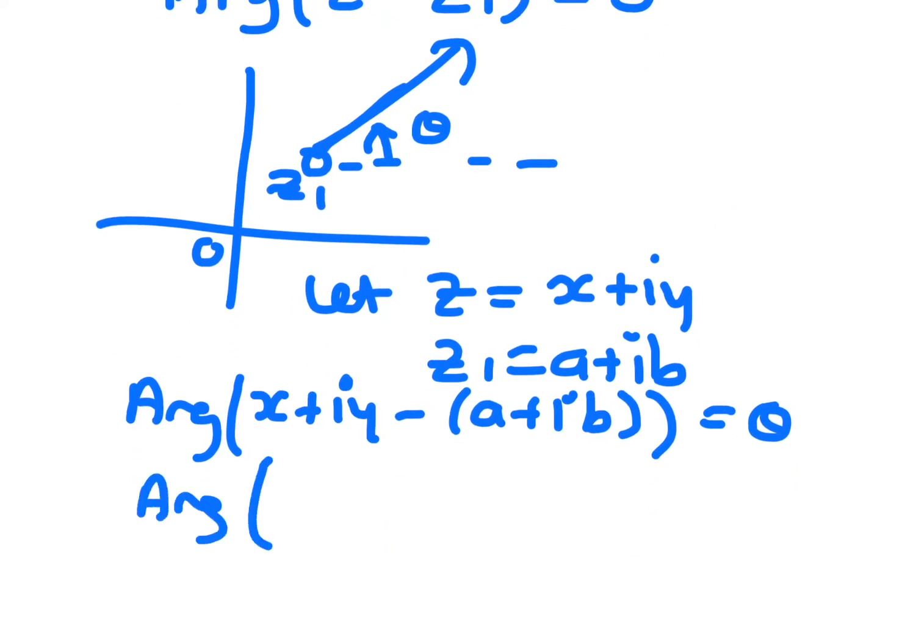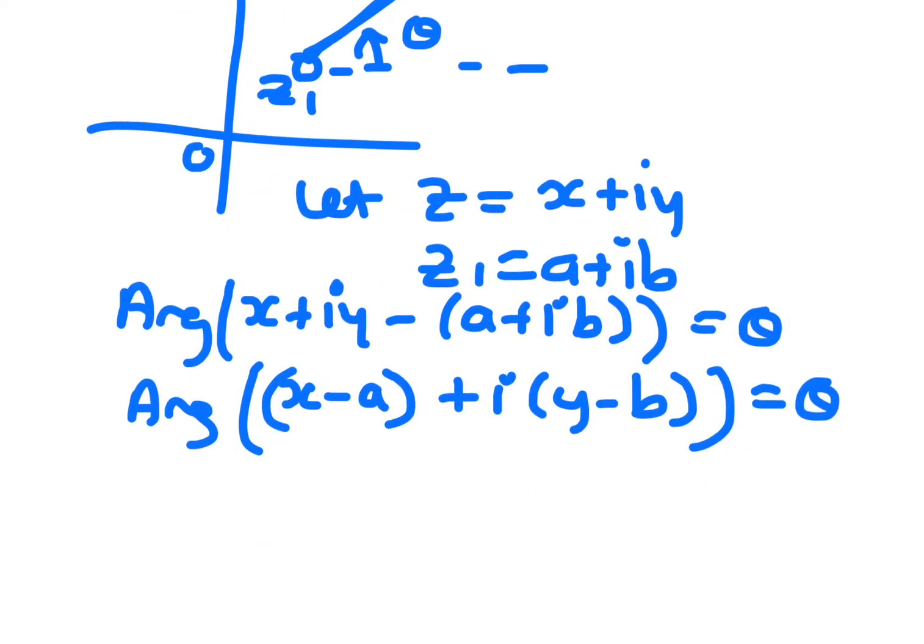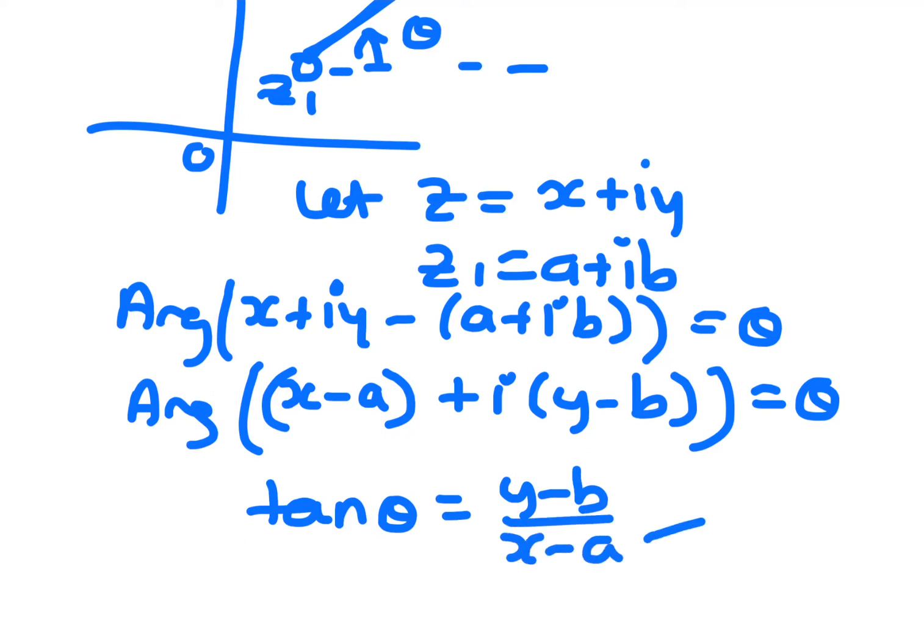So that argument, we put the real parts together and the imaginary parts together, then that means that tan theta would be y minus b on x minus a. Now we know that x cannot equal a, otherwise the denominator would be 0. So it's when x minus a equals 0.